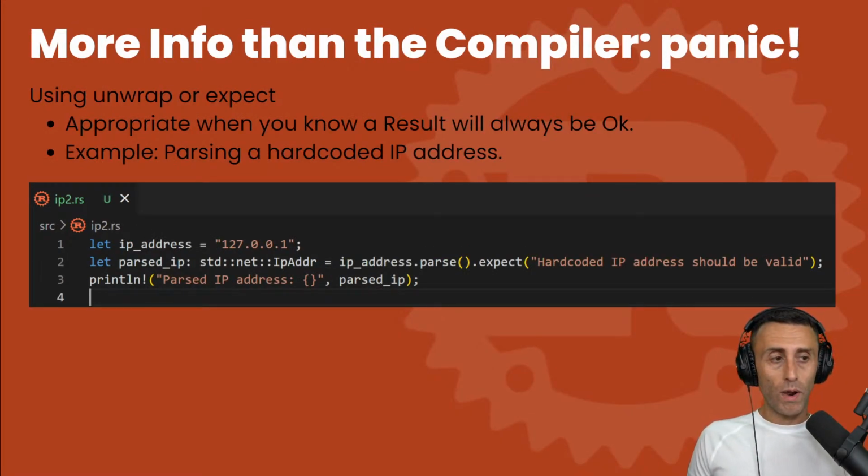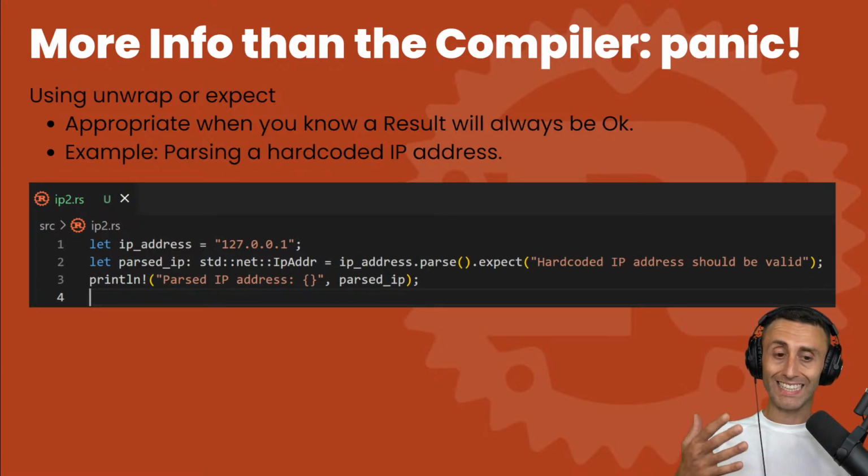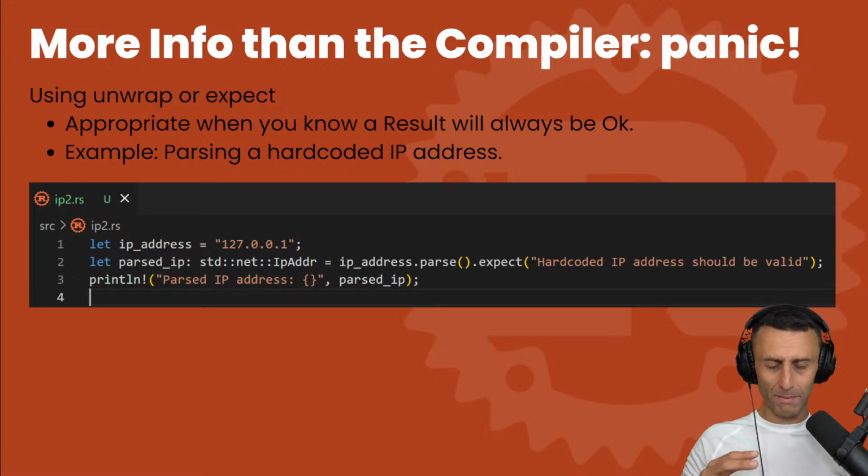Another case where we can use the panic macro is when we know something about the code that the compiler does not. Let's see this example. Check line 1, we define a hard-coded IP address, and then on line 2, we want to just use it. Imagine a code which is, of course, more complicated than this.